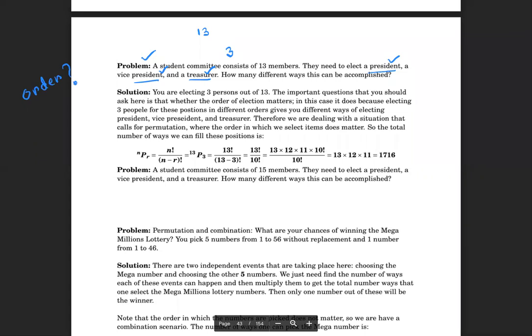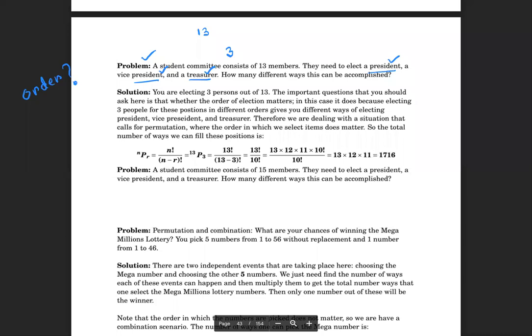Does order matter or doesn't it matter? Okay, here the order does matter, by the way.